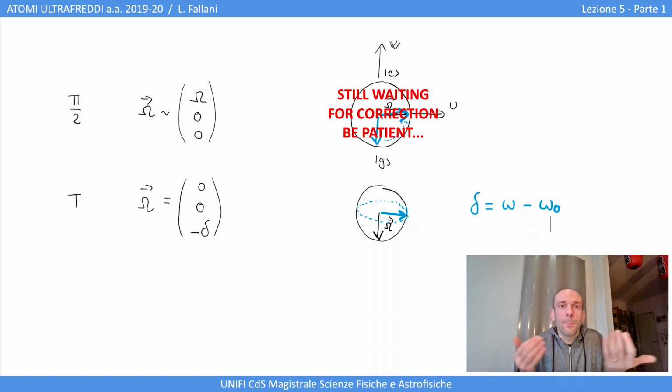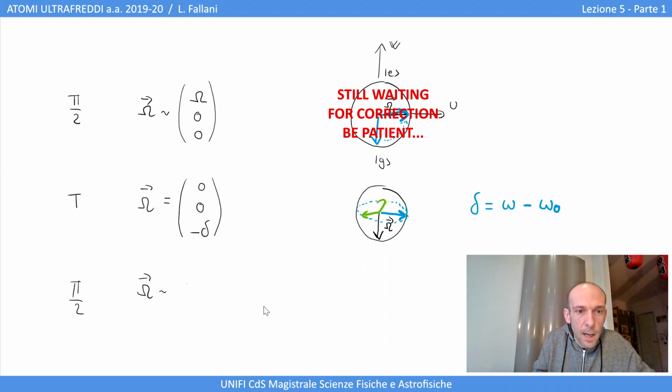So we are basically subtracting the frequency omega from the resonance frequency. So now it is clear that depending on the final position of this Bloch vector after the rotation on the equator during the dead time, the last pi half pulse could have different behaviors.